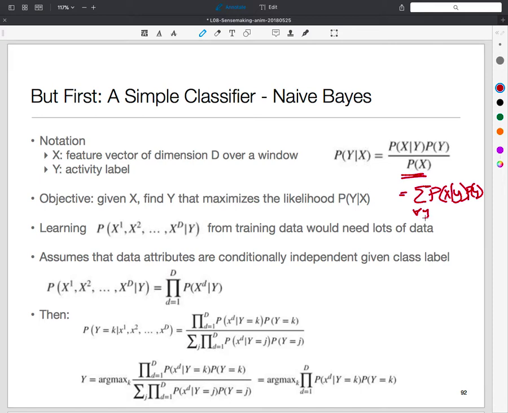If y can take 10 different values, then I have 10 different numbers, or more precisely 9, because the 10th is dependent. And likewise, if xd can take 100 different values, that holds for each d. So there's a bunch of parameters that I have. These are basically capturing the probability distribution.